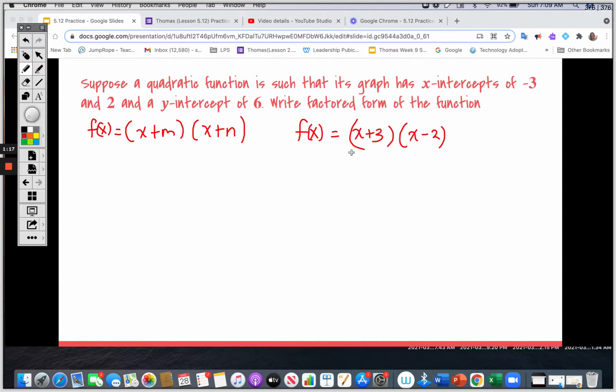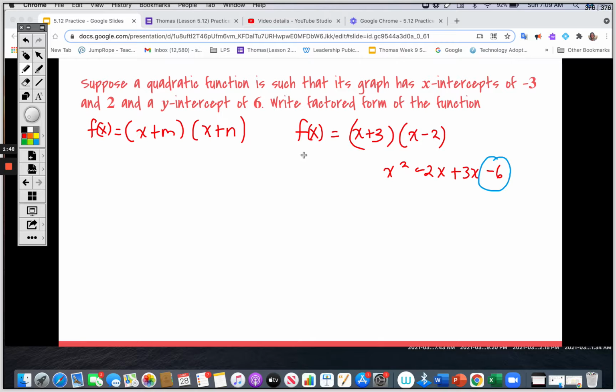However, when we multiply those, we're going to end up getting x squared minus 2x plus 3x minus 6. And they told us that the y-intercept was a positive 6. The only way for the y-intercept in this case to be a positive 6 is to multiply the factored form of the function by a negative 1.